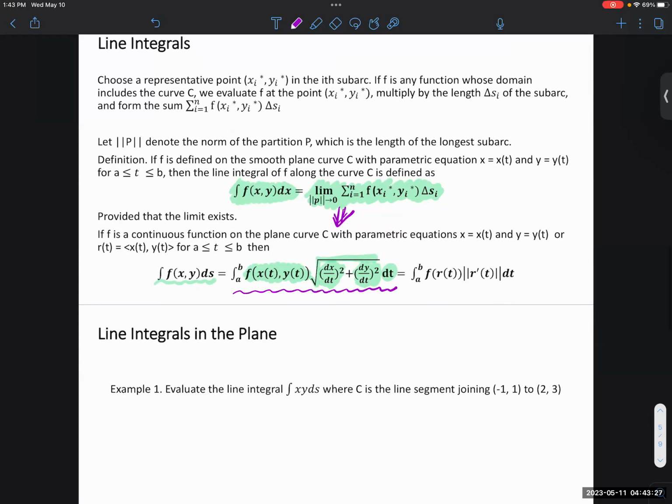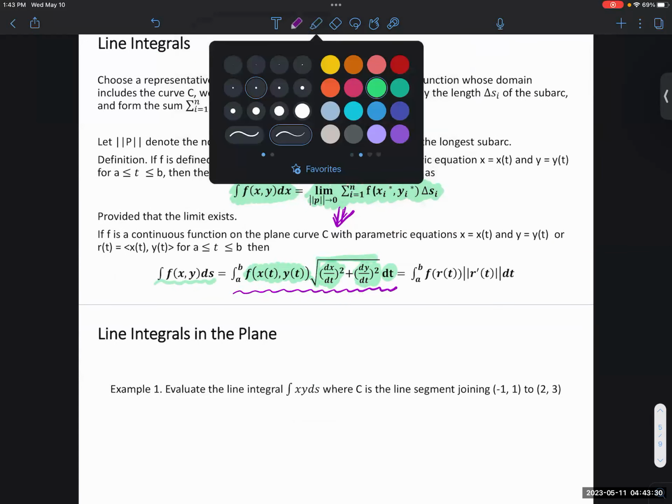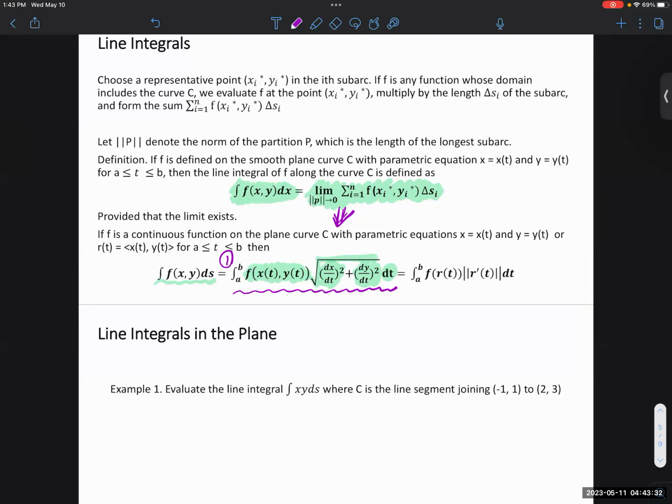And then there are two different formulas. One is using the parametric equation. Second, you might be using the polar coordinate system. So I will show you two different methods. I'm going to highlight it in a different color.